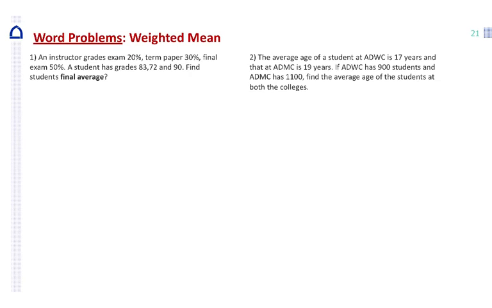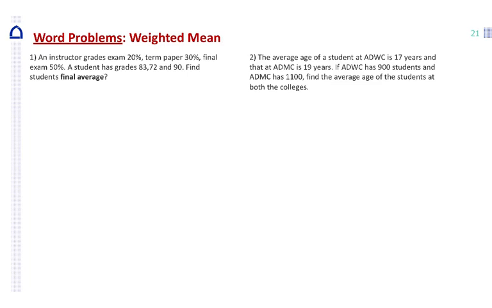Weighted mean, if you remember, is when they give us data points, but then they tell us either how frequently those data points happened or how much each of those data points is worth. So this would be an example here where we have grades. You have an exam, a term paper, and a final exam, and they have different weights.